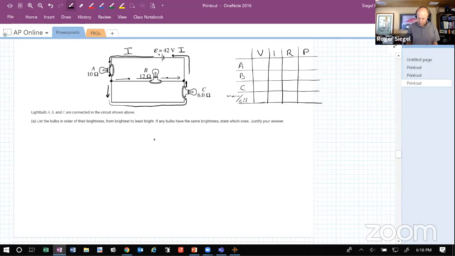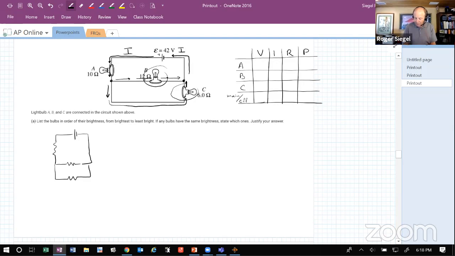The first thing I'm going to do is draw them as resistors, and I hope you can see that these two resistors are actually in parallel. How do I know they're in parallel?